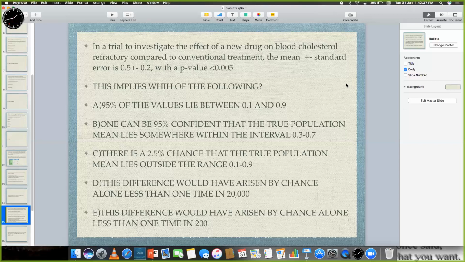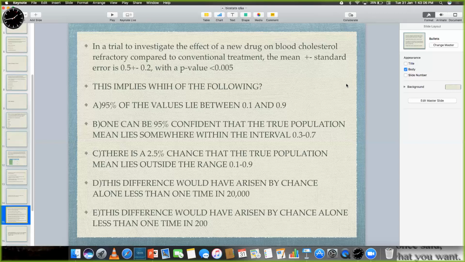If I draw the graph again, for p-value less than 0.001, it's constituting 3 standard deviations. So he's falling somewhere here or here. So the result that is given is actually falsified. So the option would be, this difference would have arisen by chance alone.